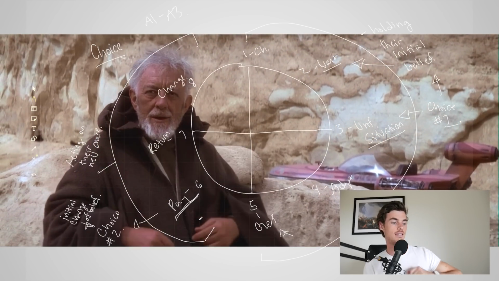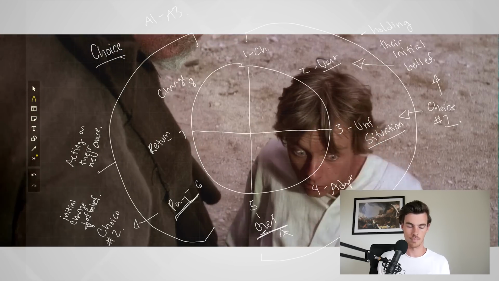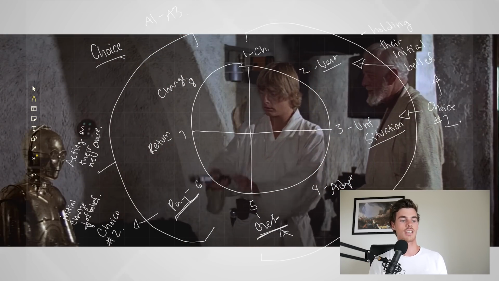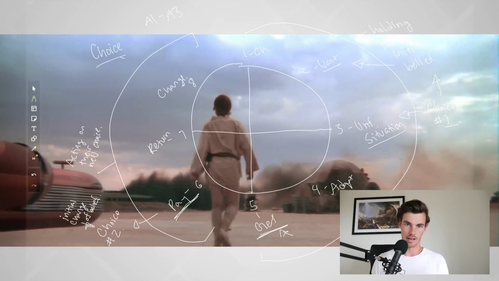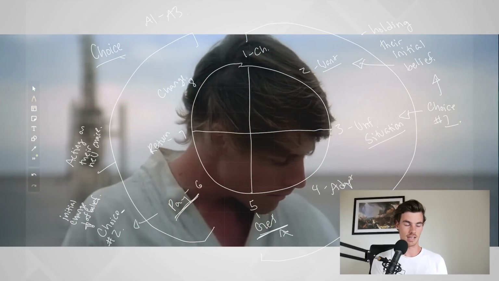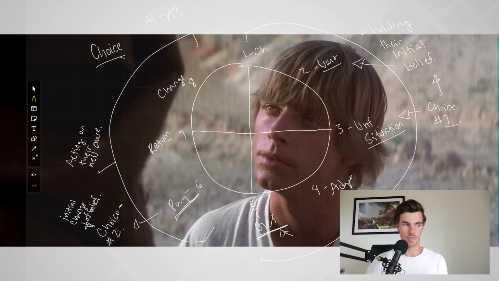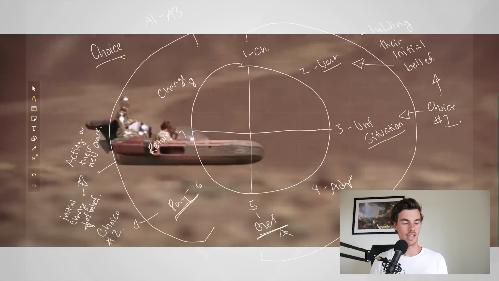Then he meets Ben Kenobi, and this is kind of the get. And then the pay is that his aunt and uncle die, right? Forcing him to make a choice. What choice does he make? He says, I want to grow up, I want to go with you and be a Jedi like my father. Okay, boom. That is choice 2.